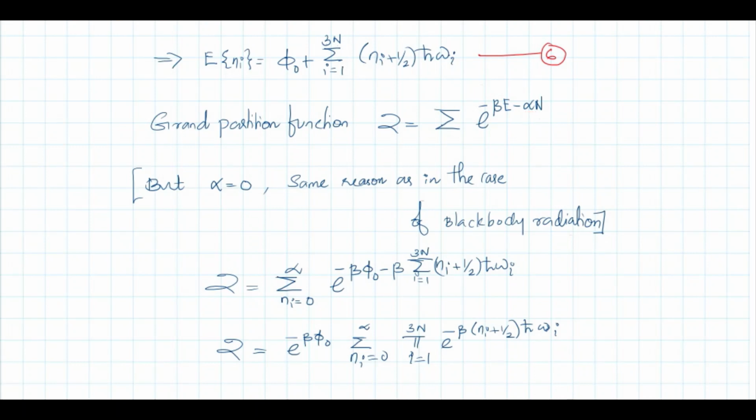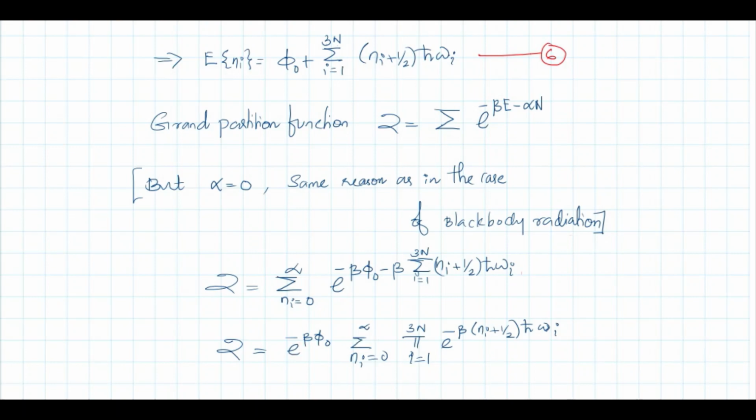Here the particles are phonons and the number of phonons is indefinite, not fixed. So α is 0. We can define ζ as sigma e raised to minus βE. Substituting for E from equation 6, you will get ζ equal to sigma ni equal to 0 to infinity e raised to minus βφ0 minus β into sigma i equal to 1 to 3n (ni plus half) ħωi. E raised to minus βφ0 you can take outside.